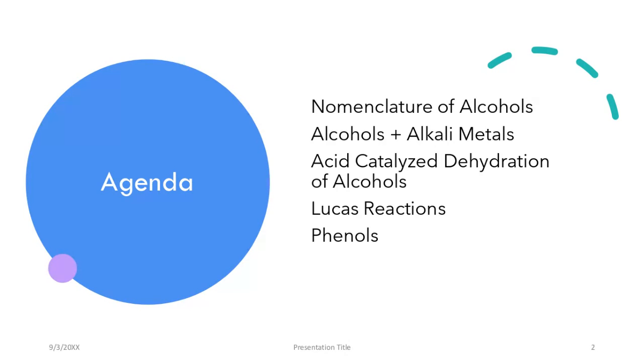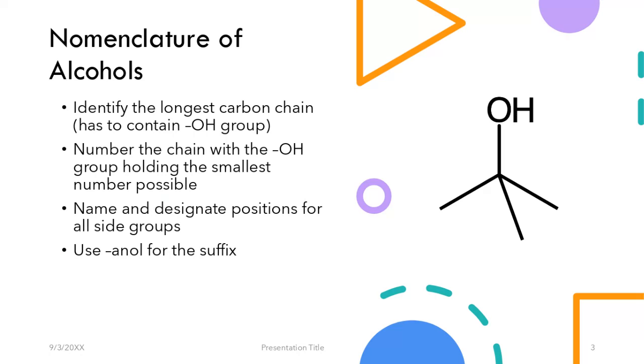He's funny. Okay. So, nomenclature of alcohols. It's been a hot minute since we did this. It's pretty standard, though. The first step is to number the chain, identify the longest chain, and it has to include the OH group on the chain. So even if there's a longer chain that just has carbons, you can't use it because it has to have the OH group.